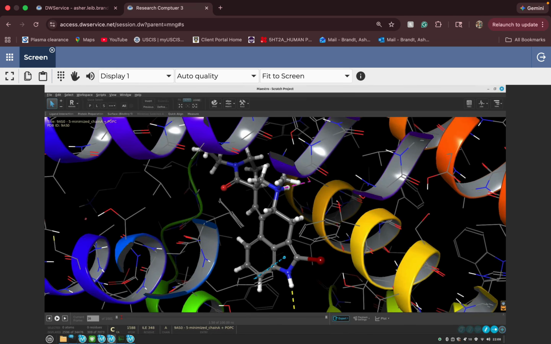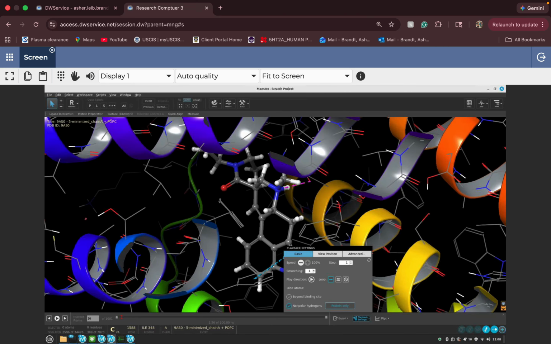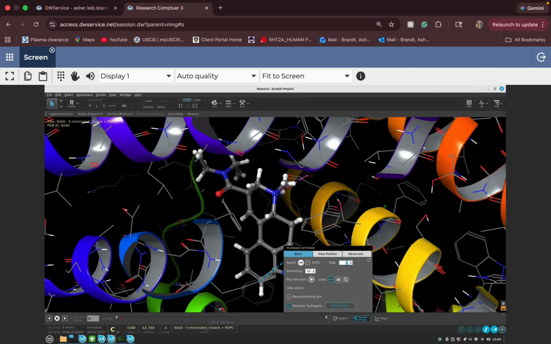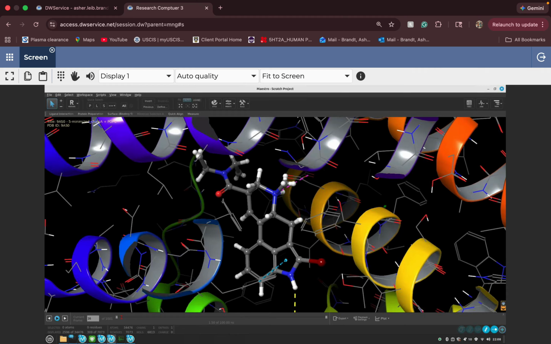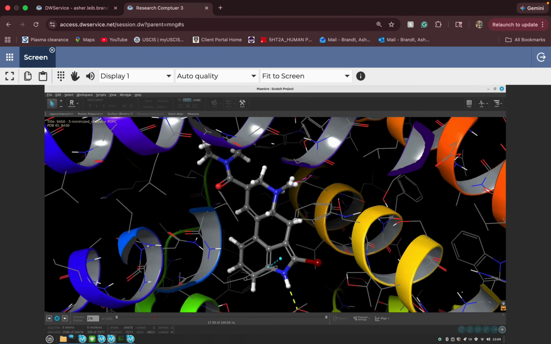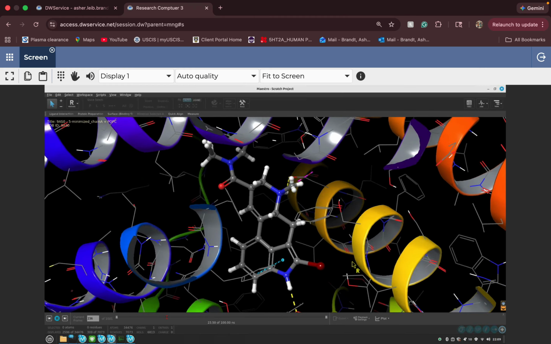Let's fix the scaling on here. The playback scaling is not so great. We'll do 10 steps also. Pretty much the same binding pose, not really much difference.